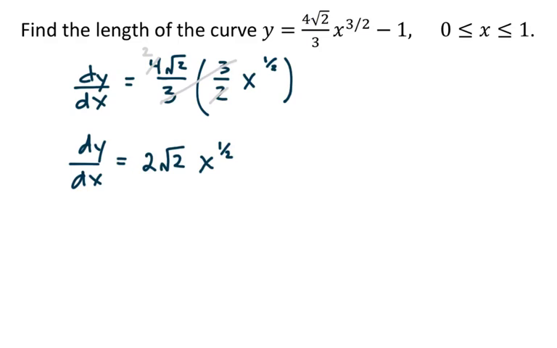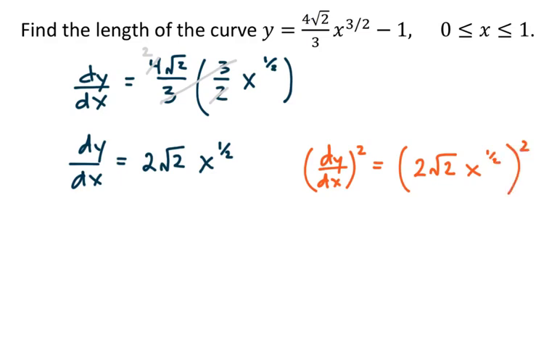One thing that I like to do when I'm working through these problems is to take that derivative and square it before I plug it into the formula. So dy dx squared is going to be 2 root 2 x to the 1/2 squared.